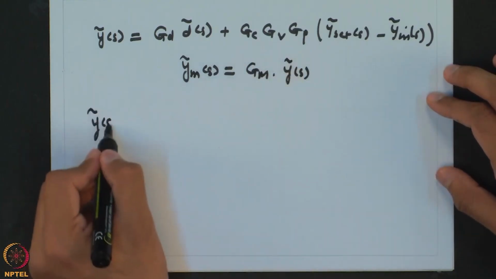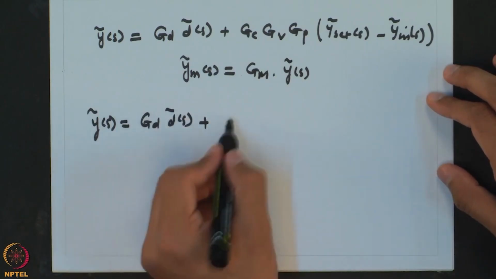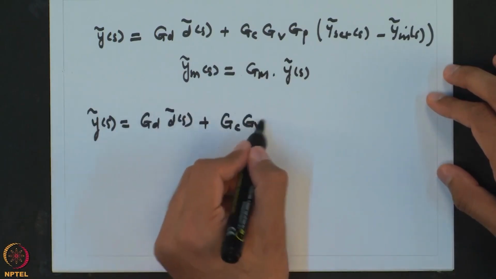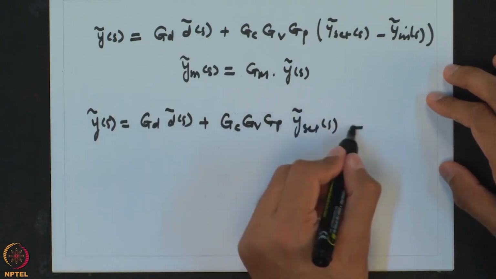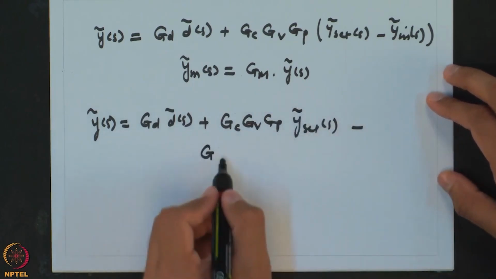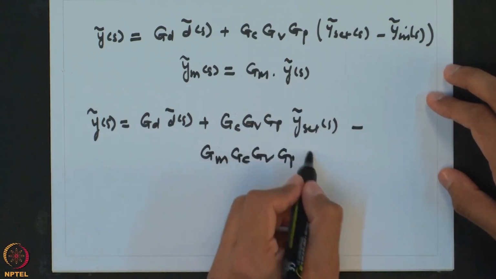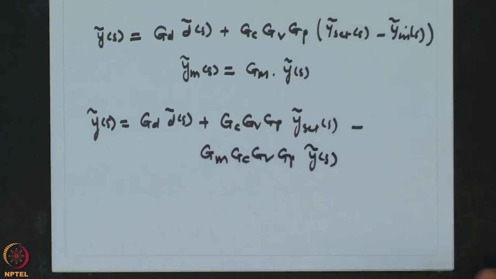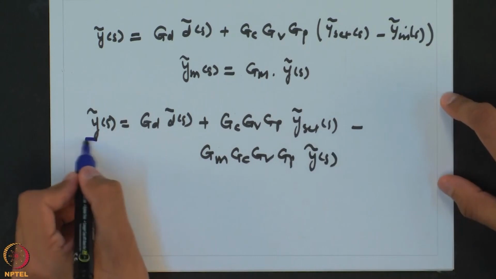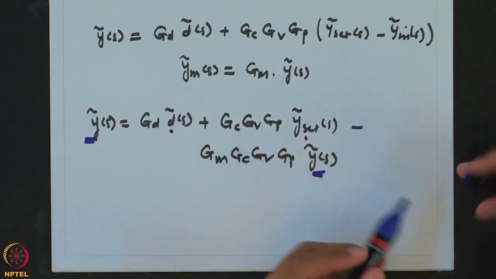So, we get Ys as Gd ds plus Gc Gv Gp y set s minus Gm Gc Gv Gp times Ys. So, what we have is there are two terms in Ys. This is the disturbance term and this is the set point term.